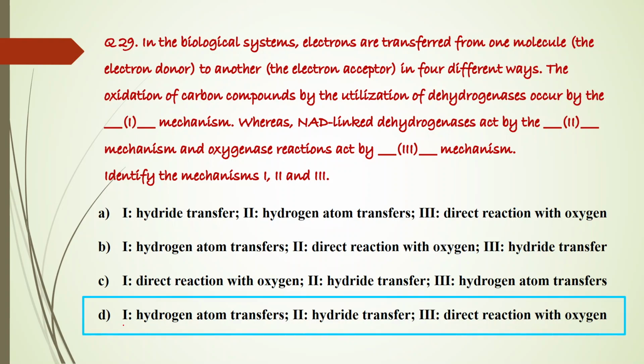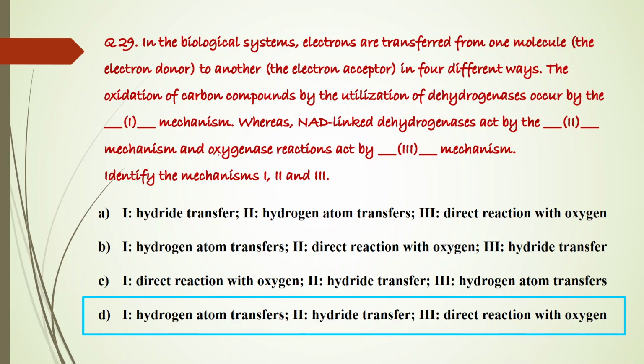So if you do remember, in case of this electron transportation, 4 processes were there. Either the electrons can directly get transferred, or they can be transferred in form of hydrogen atoms. Third one was they can be transferred as hydride ions, and fourth one was direct reaction with oxygen. These were the 4 ways by which electron transportation can occur in biological systems.